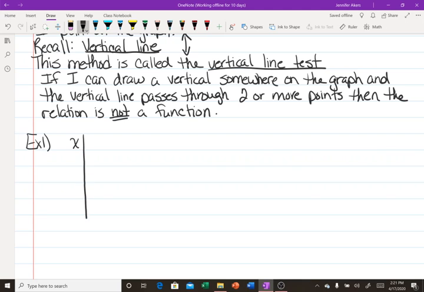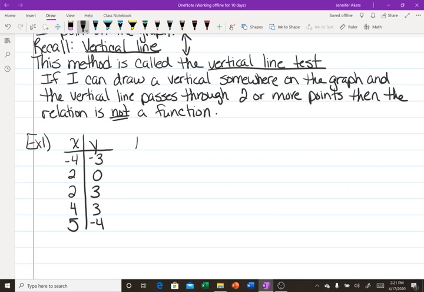We have a table of values. I have x values -4, 2, 2, 4, and 5. My y values: -4 is paired with -3, 2 is paired with 0, 2 is paired with 3, 4 is paired with 3, 5 is paired with -4.